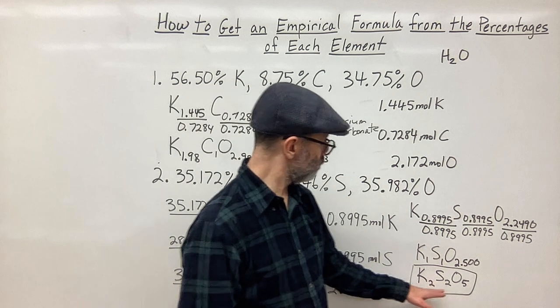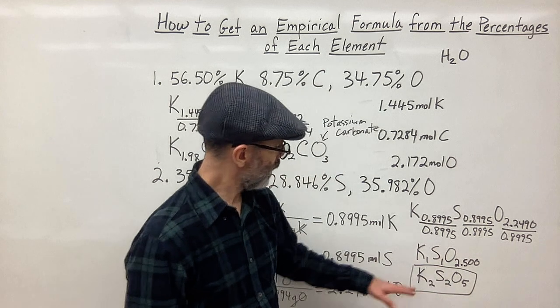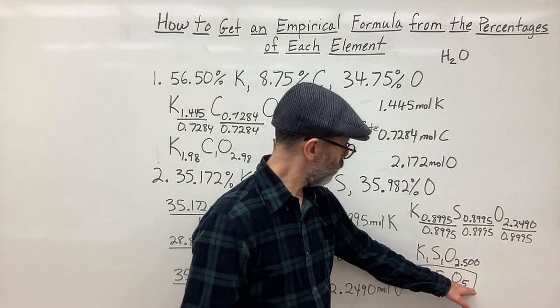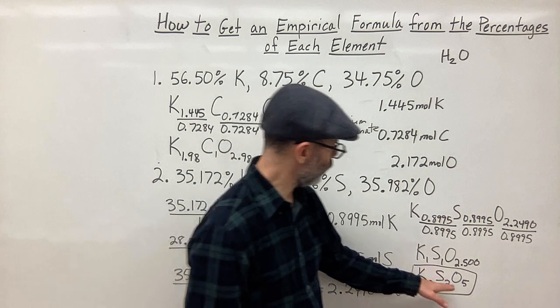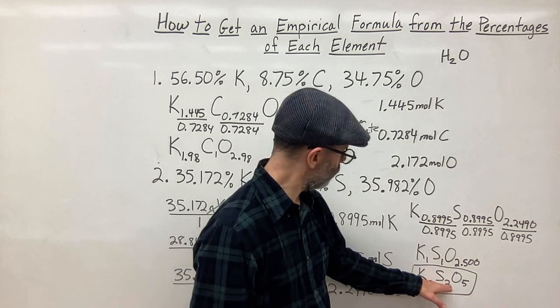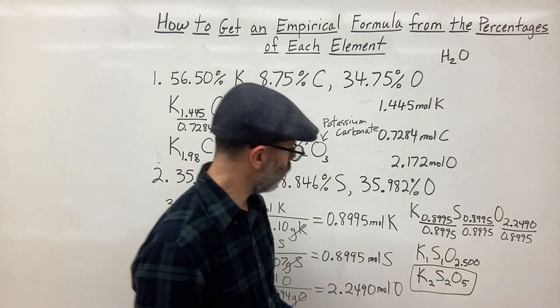So here we've got S2O5, and so for every 2 sulfurs, we have 5 oxygens. So what would it be? It probably doesn't really match either one.